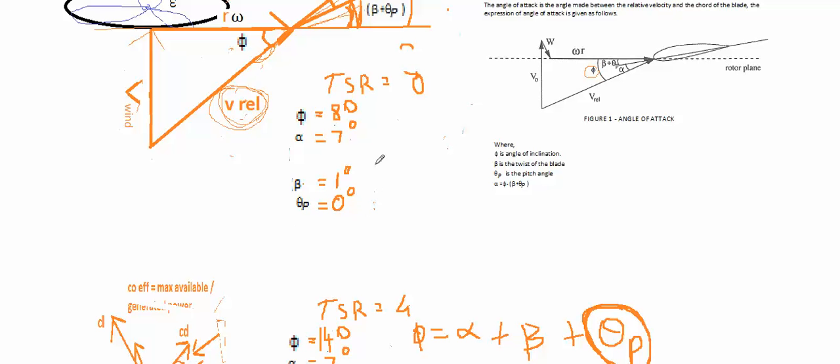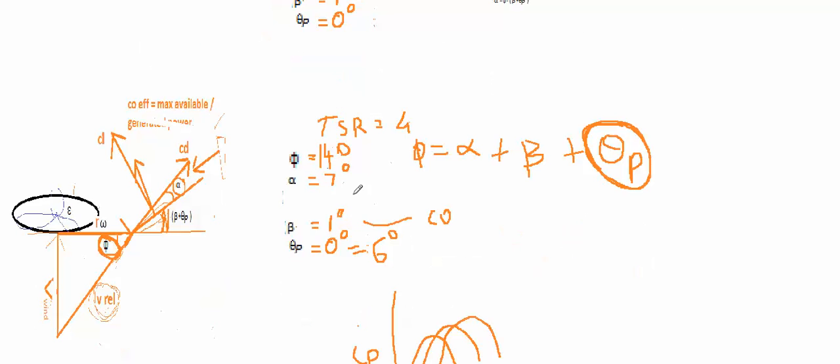We didn't want to pitch it because that was the tip speed ratio for which we designed it. So naturally we didn't apply any pitch. But as the tip speed ratio changed to 4, we have to pitch the blade by 6 degrees in order to achieve alpha at 7 degrees. So this is the concept behind pitching.